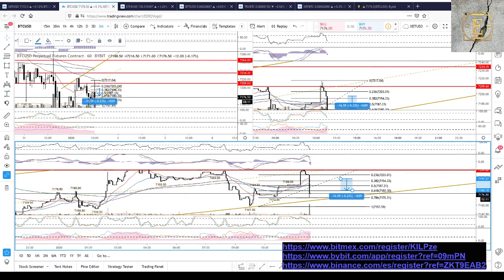So 0.22, 23, sorry. 0.23 multiplied by 25, 5%. It's 5%, almost 6% in my trade.